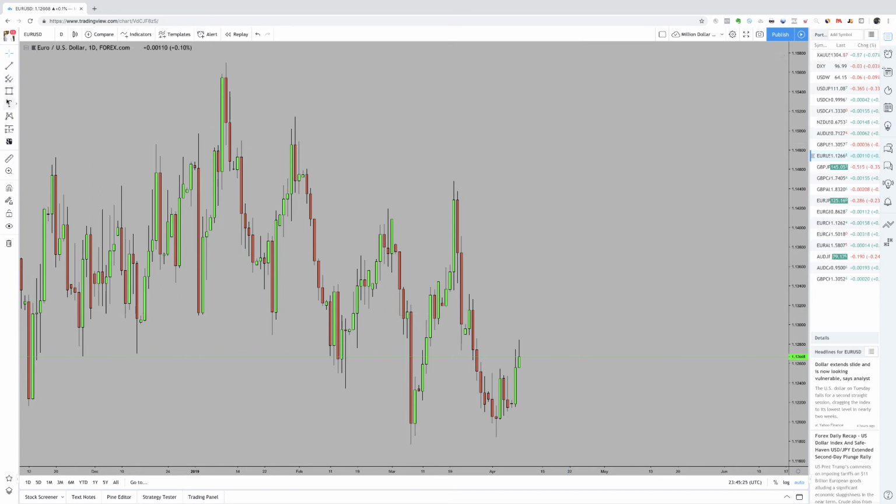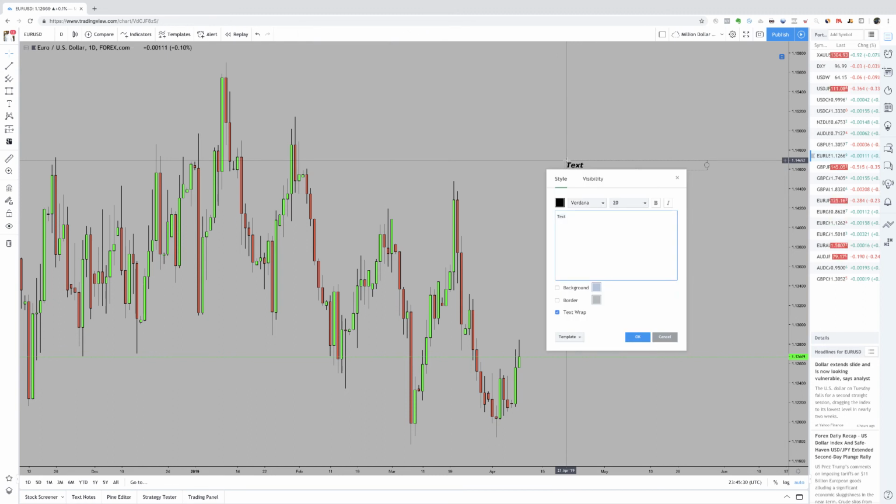Now you're probably wondering, what is bullish, what is bearish? Bullish represents price going up. Bearish represents price going down. So green candlesticks represent price going up, and red candlesticks represent price going down.